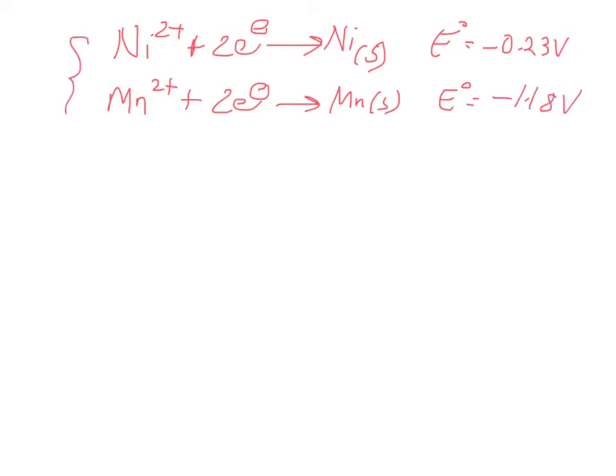Hopefully you can see that in between these two reactions, the manganese half reaction has a more negative electrode potential. What does that mean?